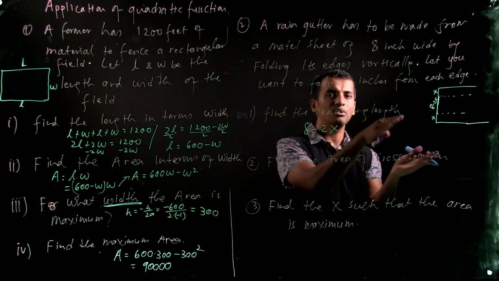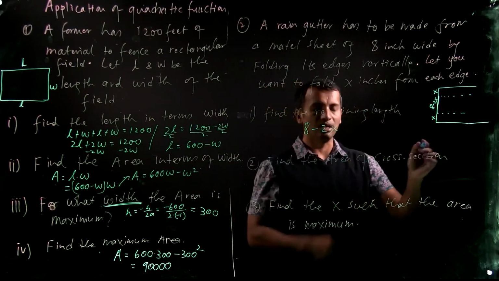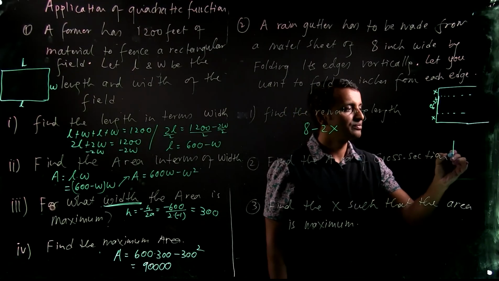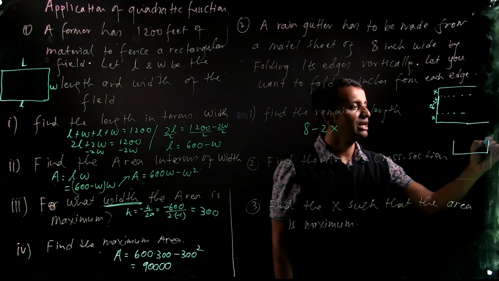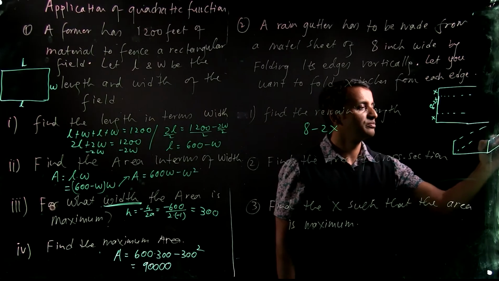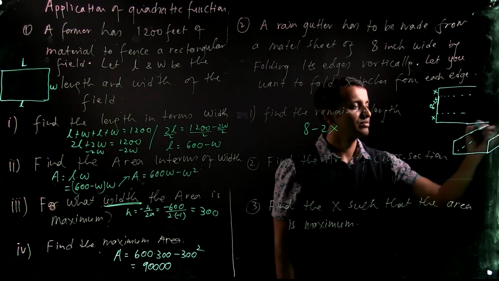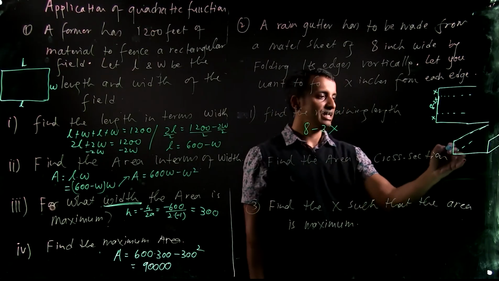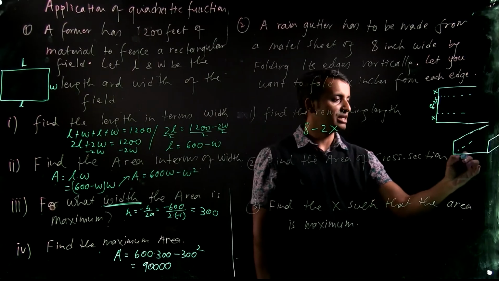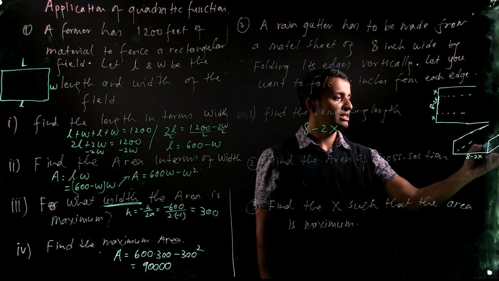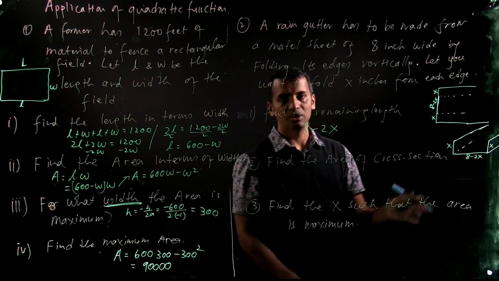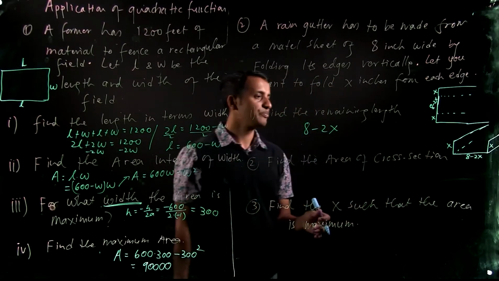How does it look if you fold it and raise it? It will look like this, and that's the length, and it will go up. This is the cross section. The cross section has a length of 8 minus 2x, and this is x wide, or the height, it's the same thing.